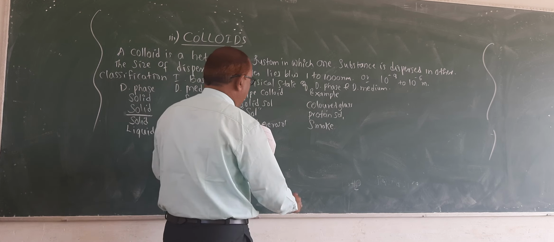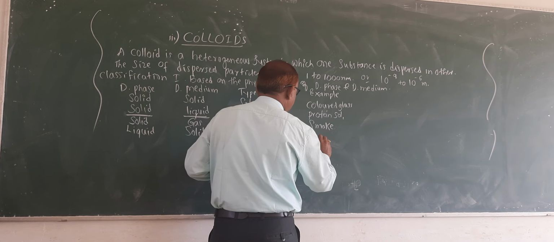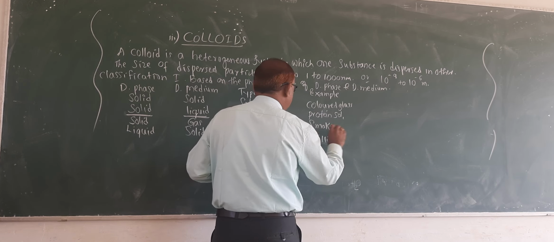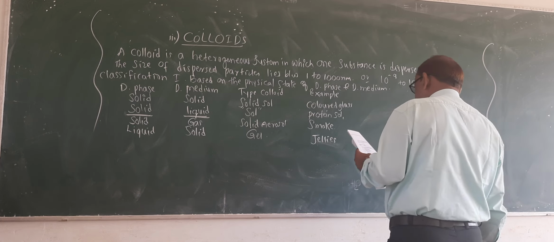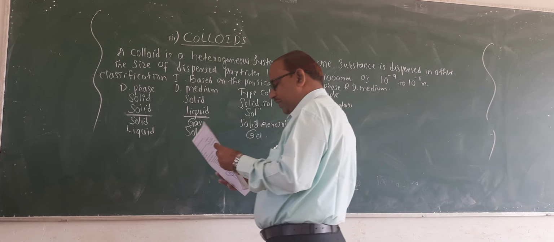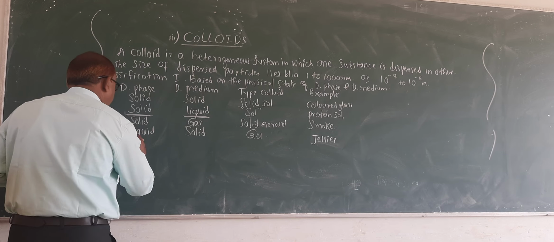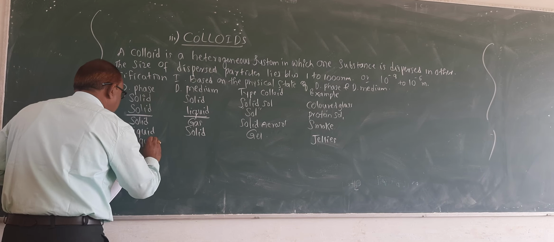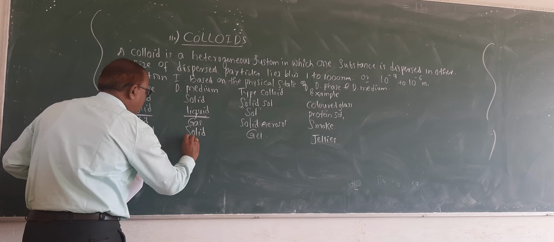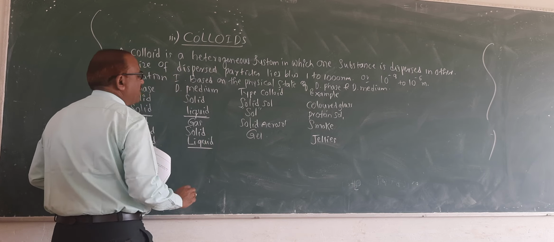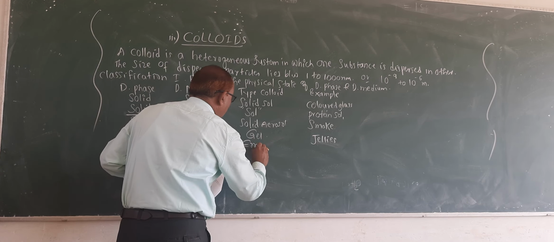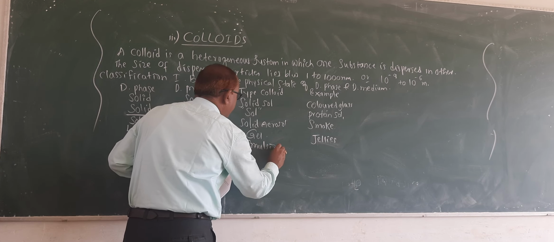For example, jellies, any type of petroleum jelly we use, Vaseline, jellies and cheese are examples. If both are liquid, important, both are liquid: if the dispersed phase is a liquid and the dispersion medium is a liquid, it is called an emulsion.